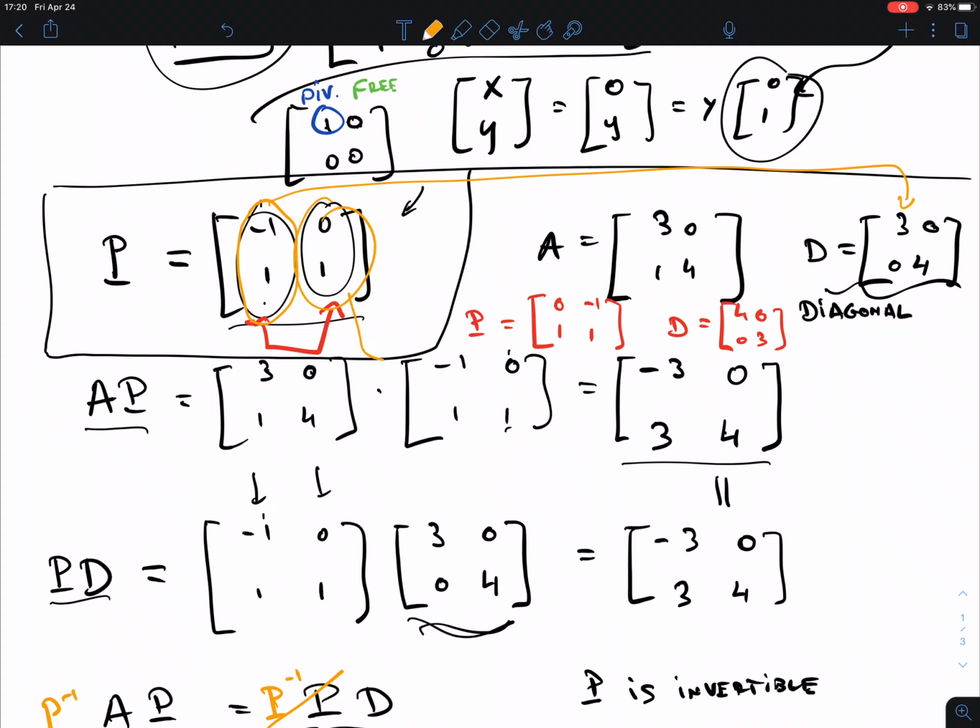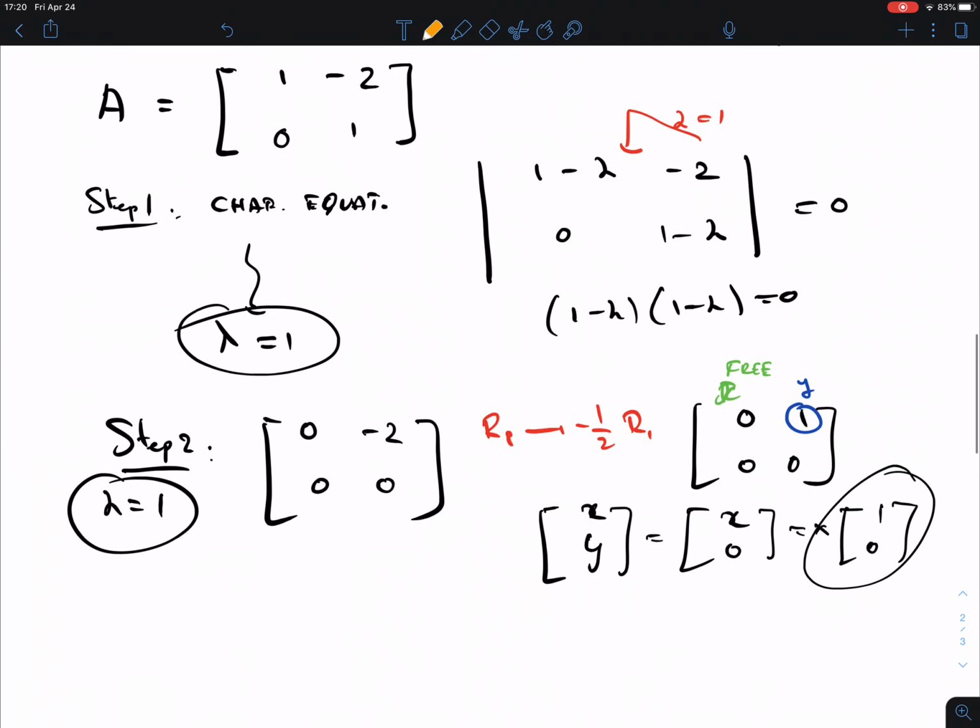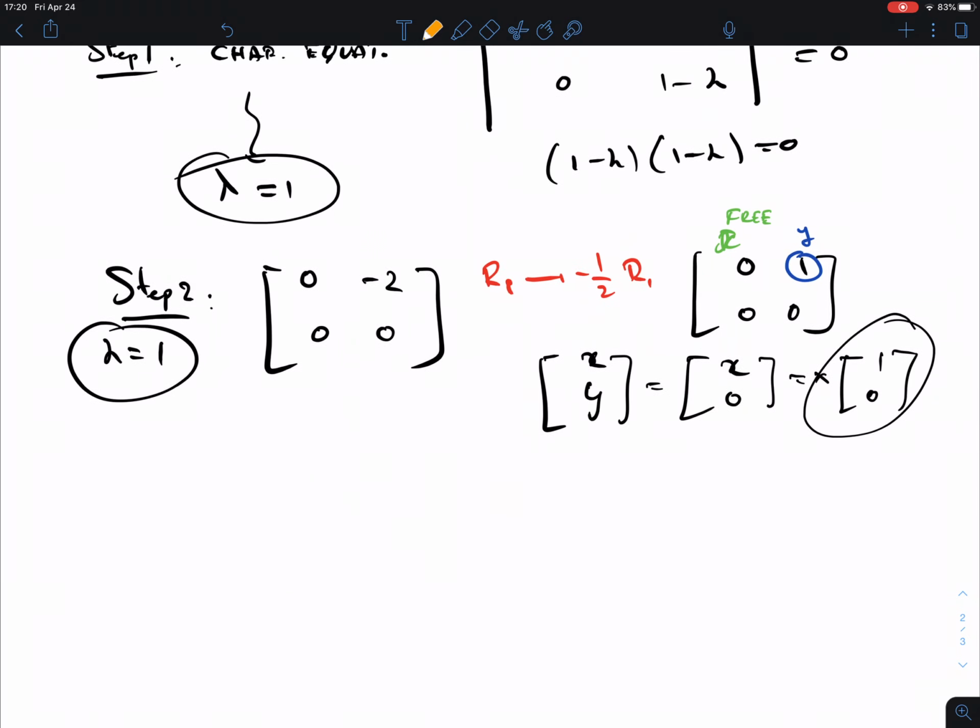This is the eigenvector corresponding to eigenvalue 4. And that is why we got 3 there and 4 there. If we switch them, you see we get exactly the opposite. But other than that, that's P. And I cannot do it here, I have only one column. That's the reason why this doesn't work.